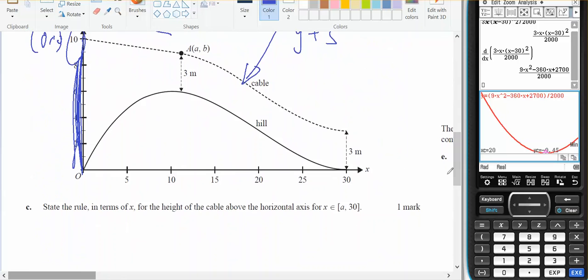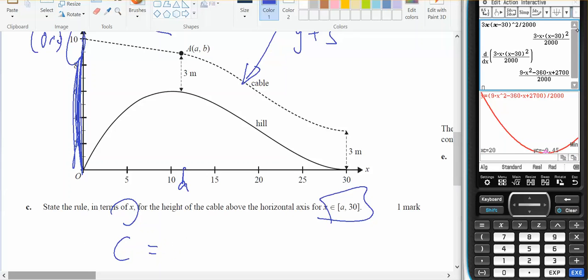So state the rule in terms of x of the height of the cable above the horizontal, so that's from A through to there. So I'm going to call this cable equals y, which is going to be 3x(x minus 30) squared on 2000 plus 3.